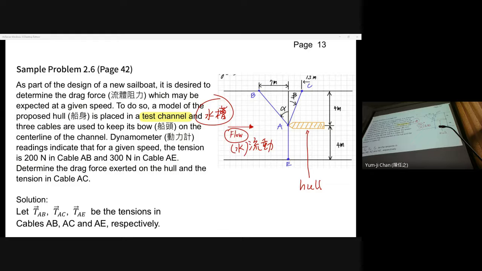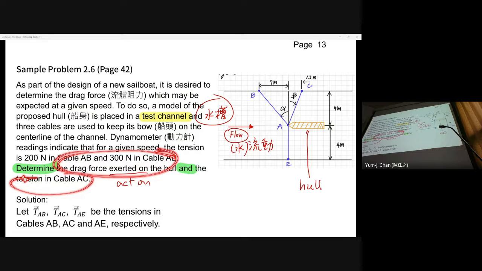If you don't know what it is asking, which word should we look for? Determine, okay? Determine the drag force exerted on the hull, and the tension in cable AC. So we are determining two things.